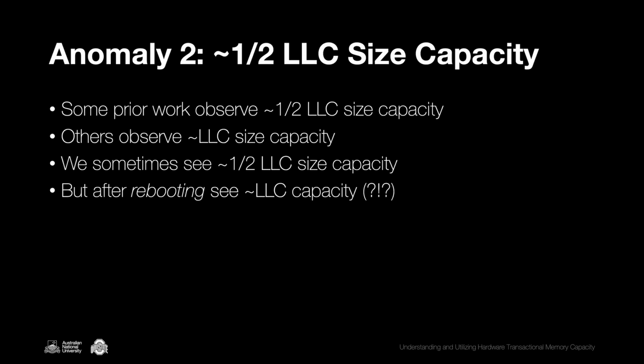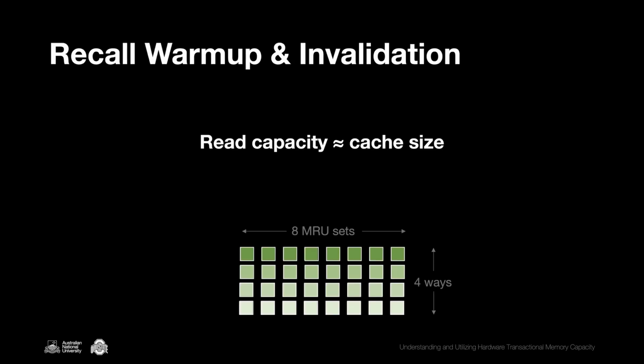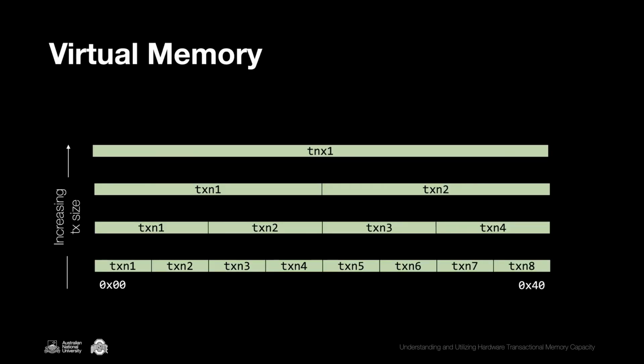But after rebooting the machine, we can see LOC size read capacity again. This is really strange. You might wonder, wait a second, I thought you just told us that we should get LOC size capacity if we use warm-up or invalidation, even if MRU is used. So what's going on? To understand this, we need to revisit our experimental methodology.